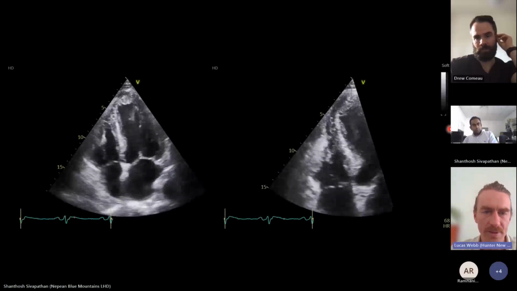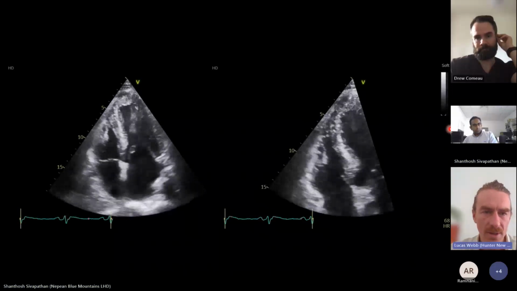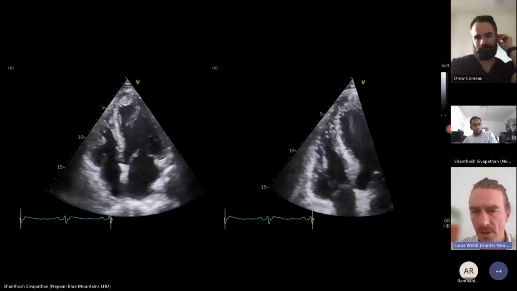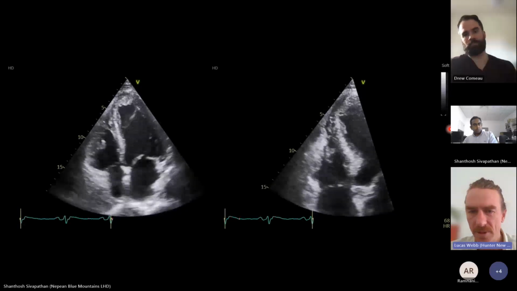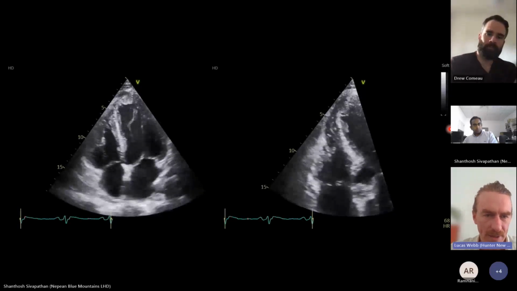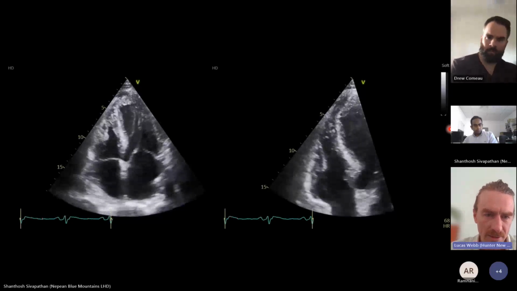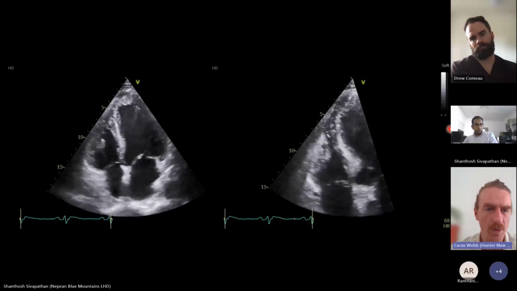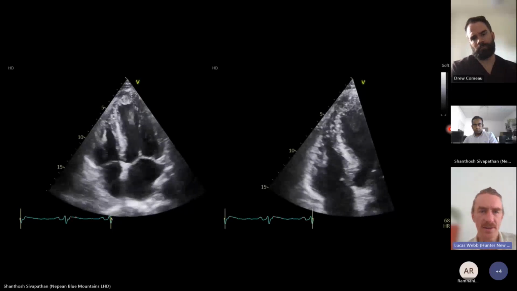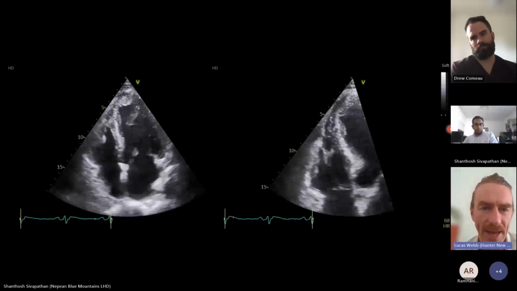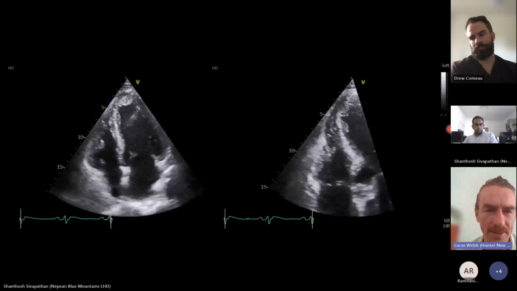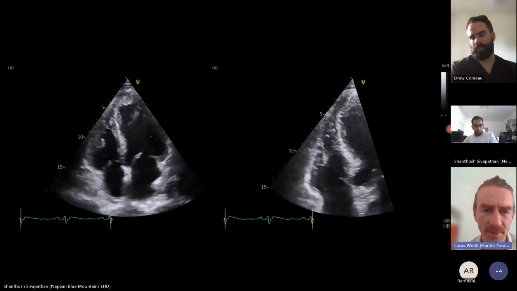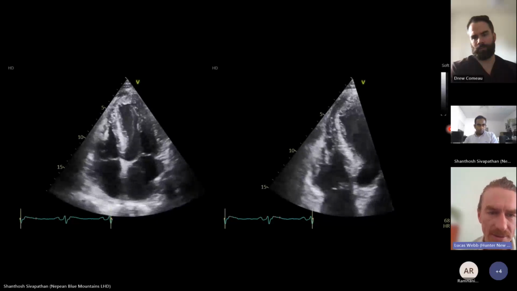So we've got an apical 4-chamber view, and then one that's zoomed in more on the right ventricle on that apical 4-chamber. Probably in keeping with what we were seeing previously, the segments that appear to be poorly functioning. So the apex certainly appears akinetic.